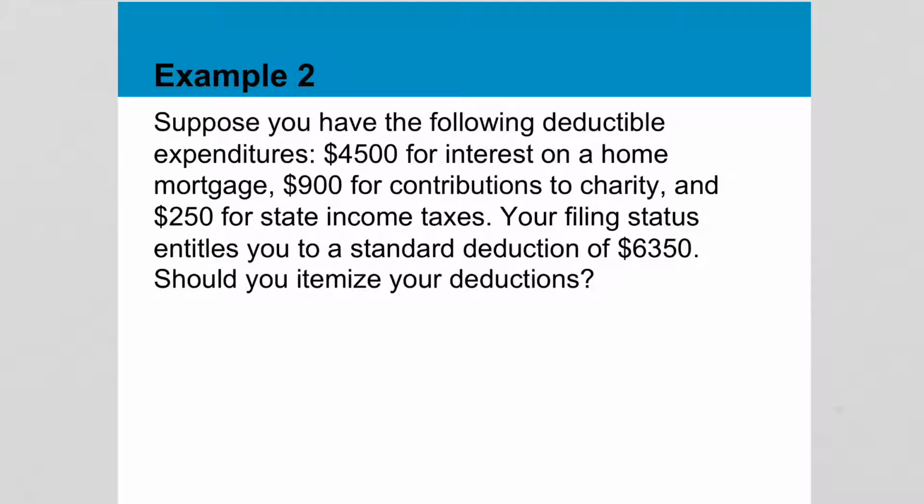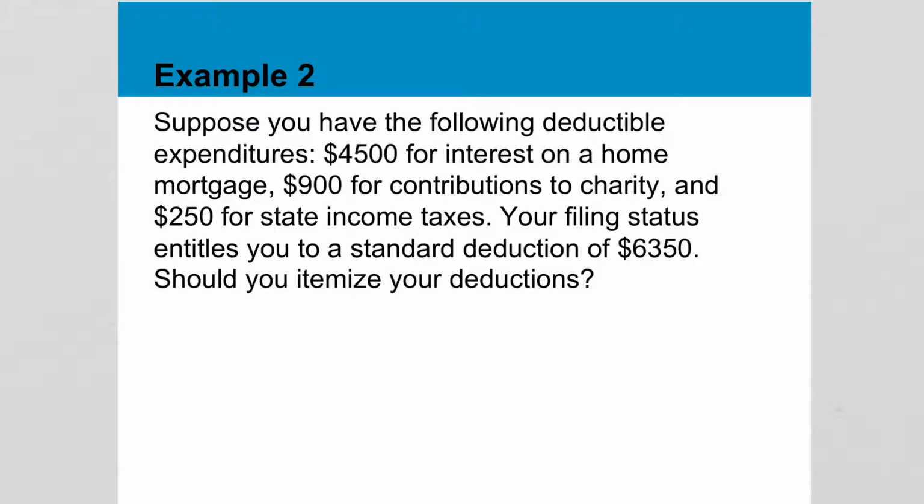Okay. Suppose you have the following deductible expenditures: $4,500 for interest on a home mortgage, $900 for contributions to charity, and $250 for state income taxes. Your filing status entitles you to a standard deduction of $6,350. Should you itemize? This is the point I'm trying to make here.